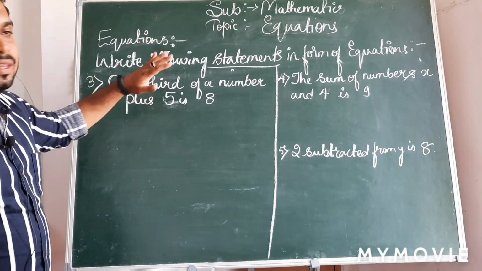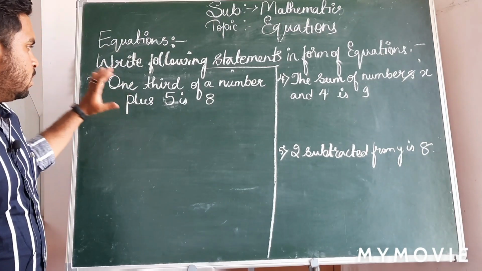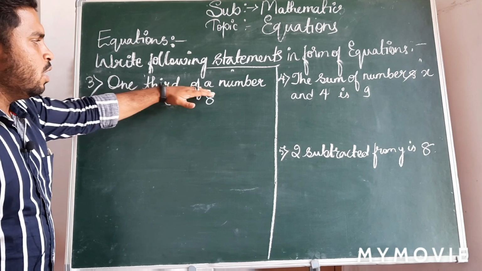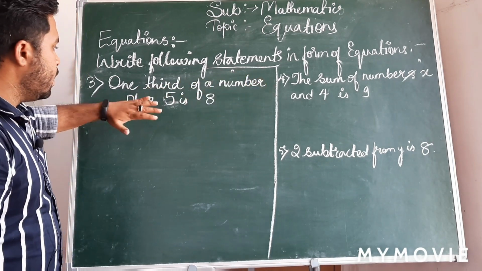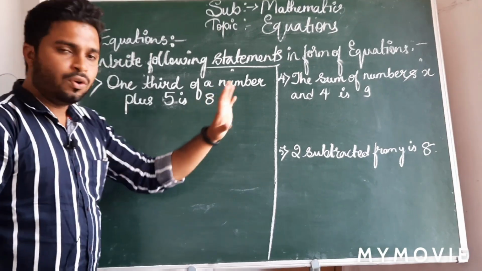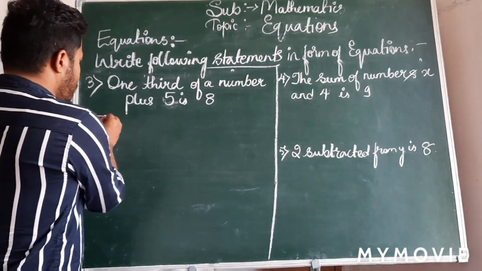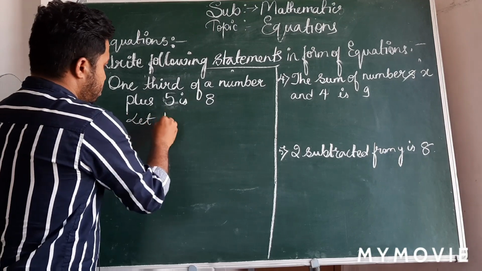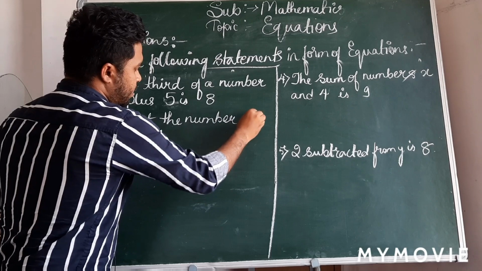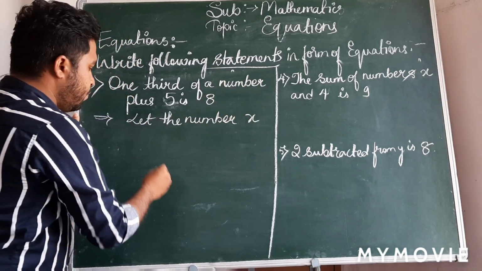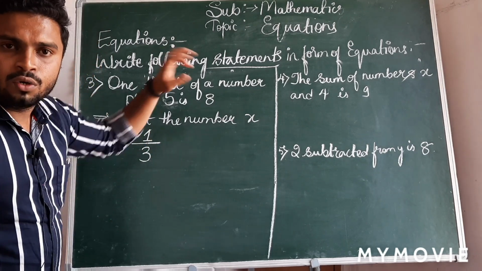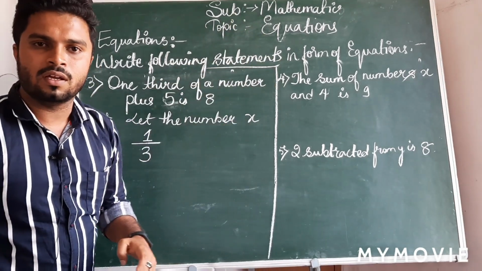Let's continue with the third problem, students. What they have given is: 1/3 of a number plus 5 is 8. Here we don't know the number, so let the number be x. 1/3 of a number means x/3. 2/3 of a number is 2/3 x, and it continues like that.